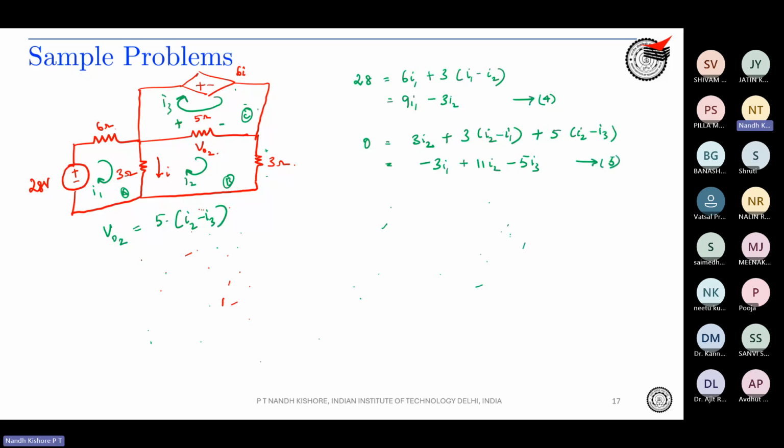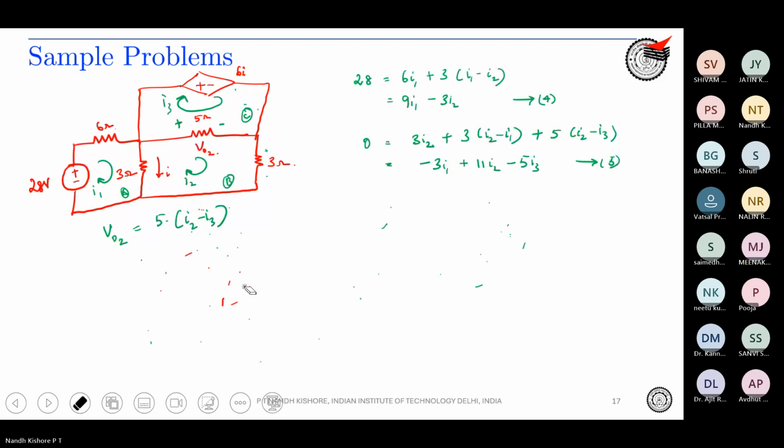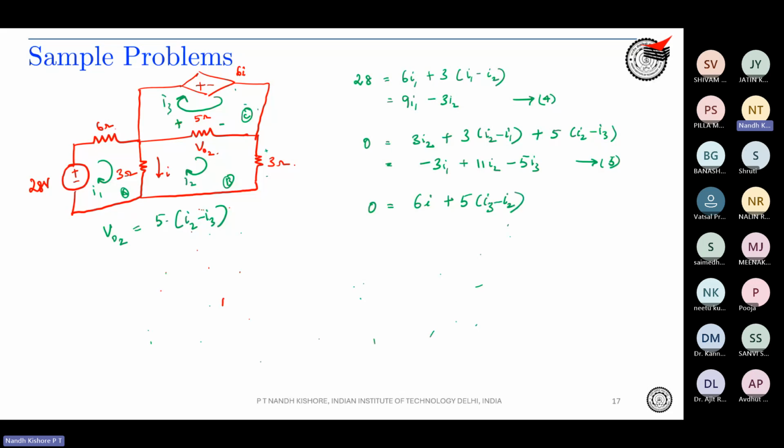And finally you have 0 is equal to 6I plus 5 into I3 minus I2.